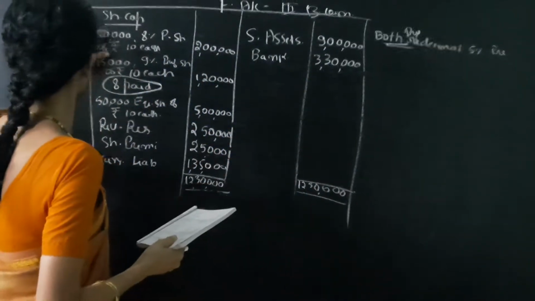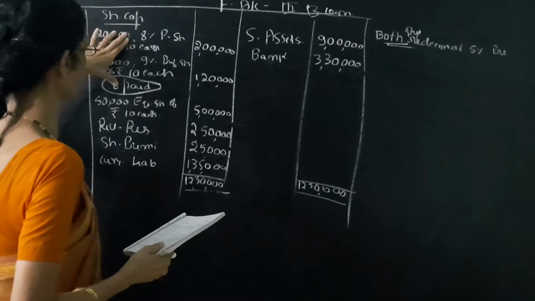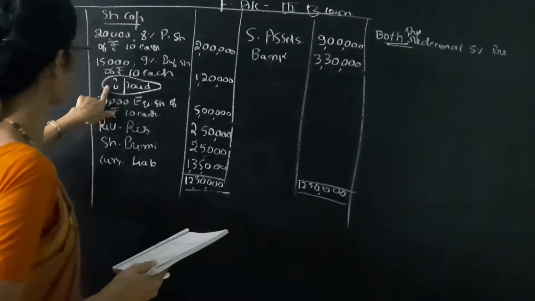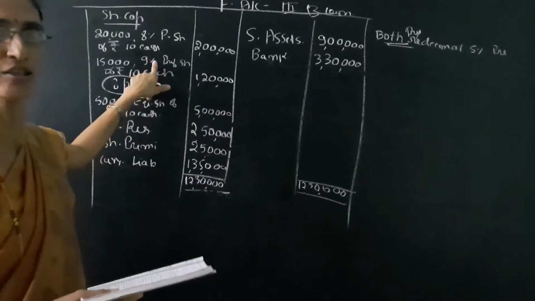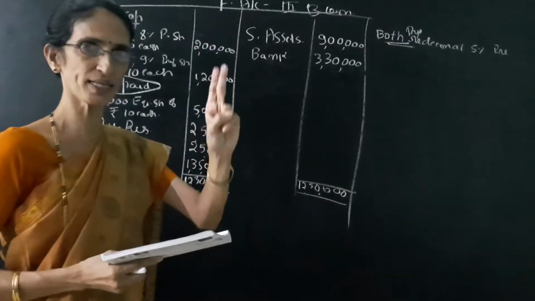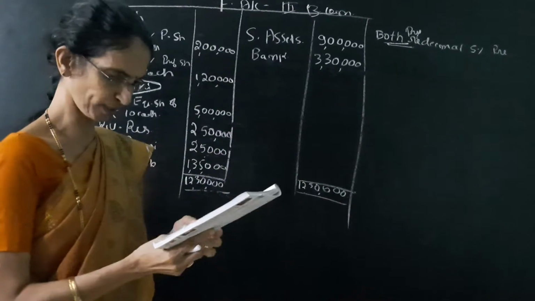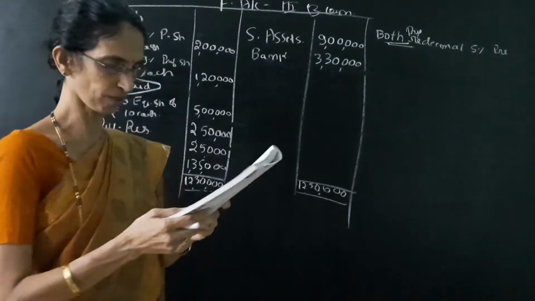But in case of this preference share capital, the 9% preference shares are partly paid. So automatically we have to pass first two entries, for the final call money due.